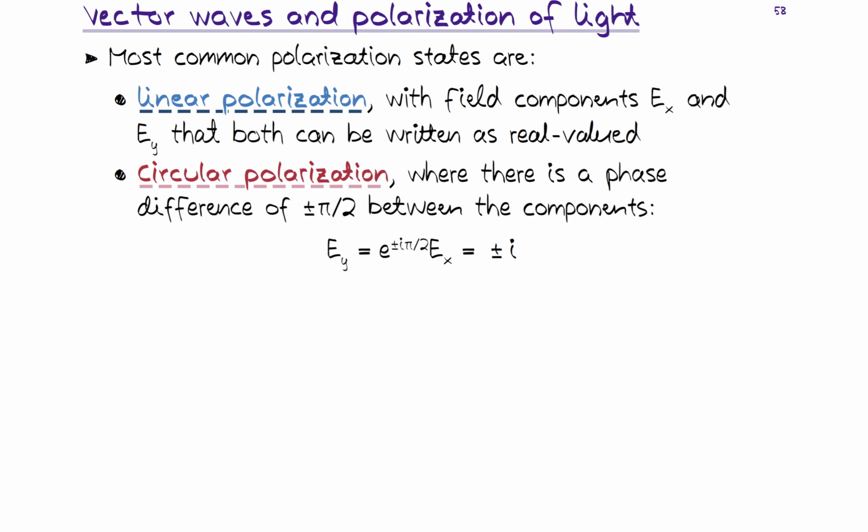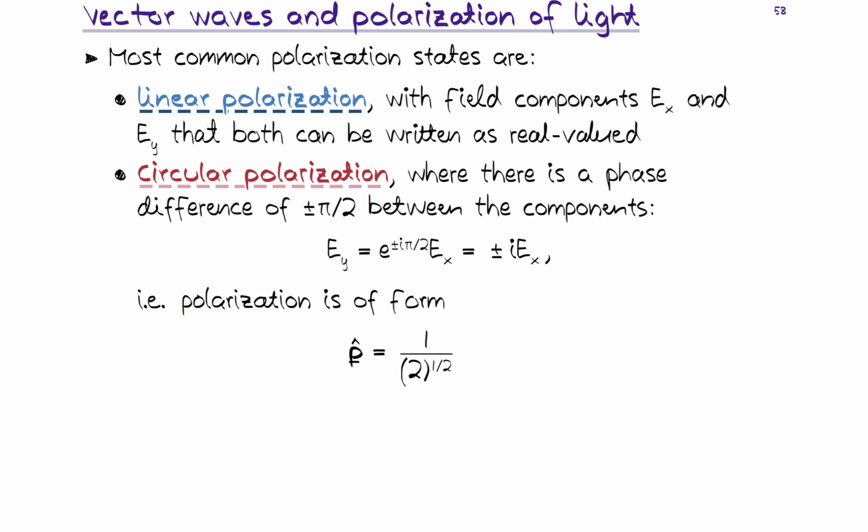So we really see that the Ex component and the Ey component of the polarization have different phases with respect to each other. And the polarization vector will be of the form p hat equals 1 over square root of 2 times x hat plus minus i y hat.